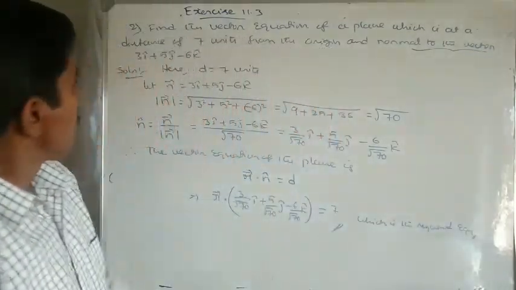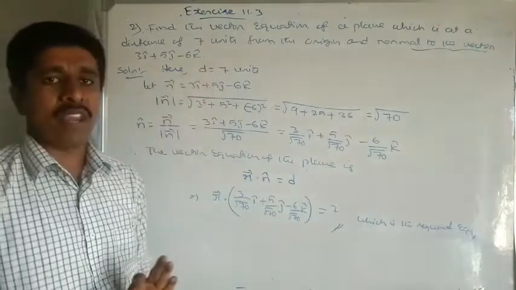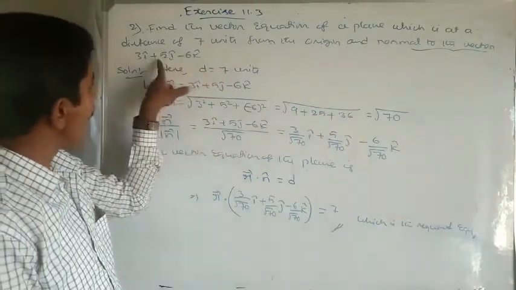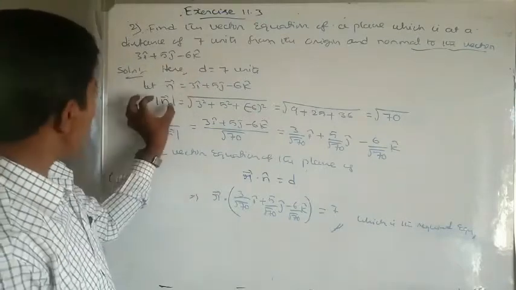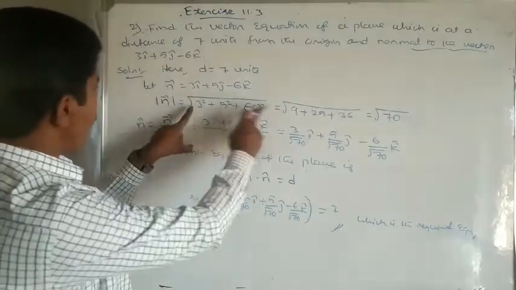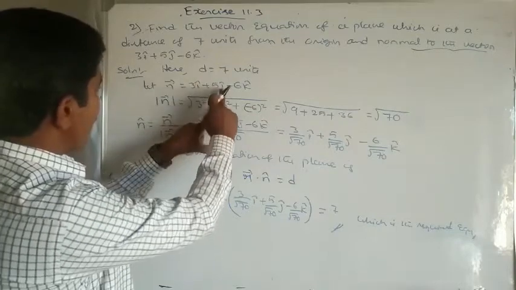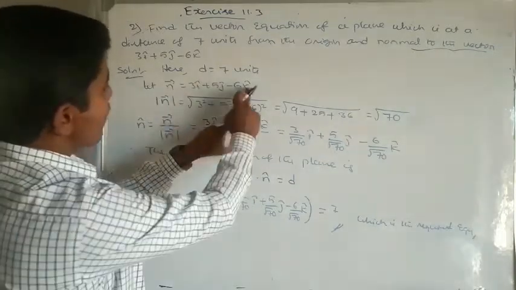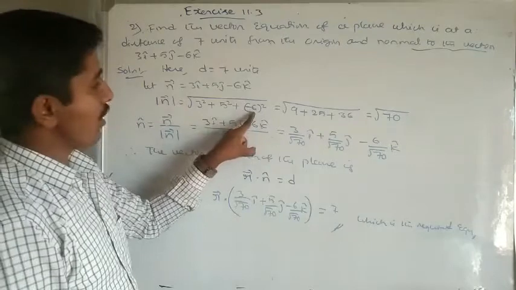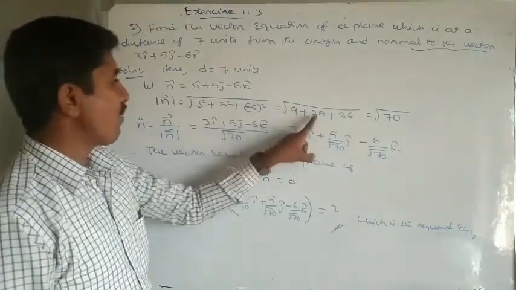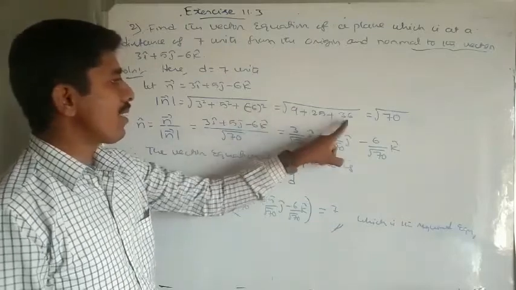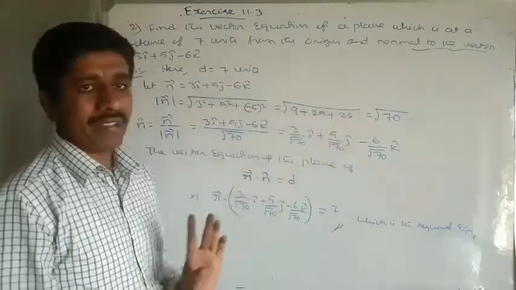Now, the given distance is d equal to 7 units. Normal vector: let vector n equal 3i plus 5j minus 6k. Magnitude of vector n is the square root of 3 squared plus 5 squared plus minus 6 whole squared, that is 9 plus 25 plus 36, root 70.